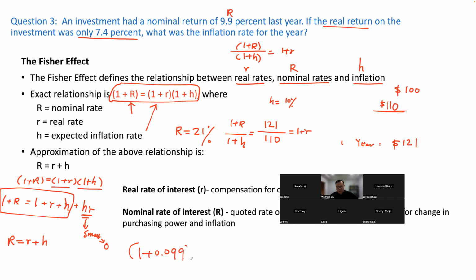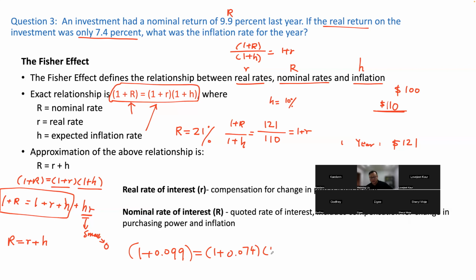Make sure you write it in the form of decimals, right? That equals the real rate, we know the real return. Real return is 7.4, so that's 0.074, times 1 plus h, right? So you just need to solve for h. That's pretty easy, right? Just solve h. Any questions on this problem?